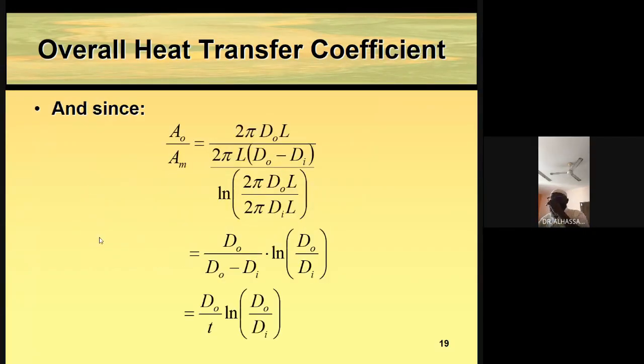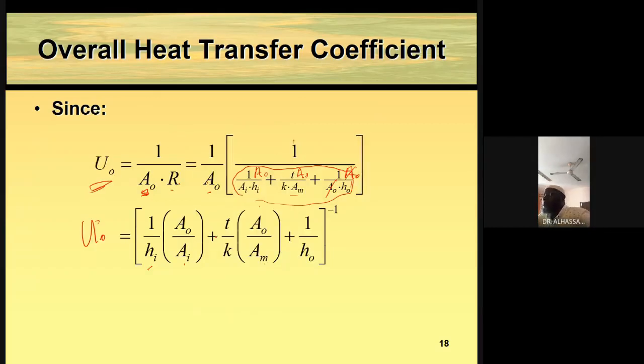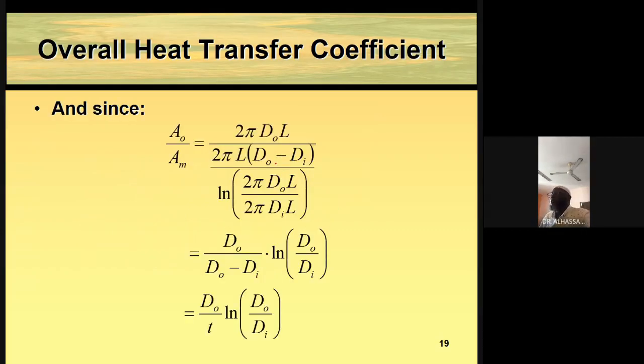So now, again, let us do some manipulation to the AO divided by AM. That is this. We bring this out. This is the same as 2 pi DOL divided by AM.